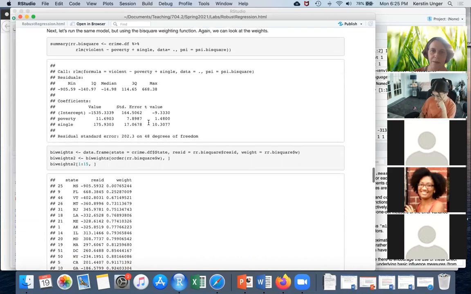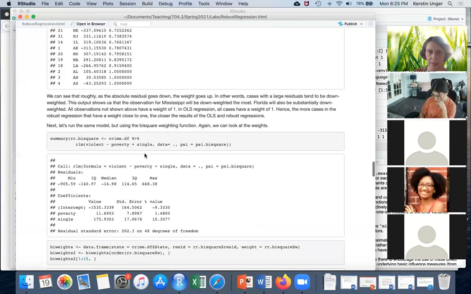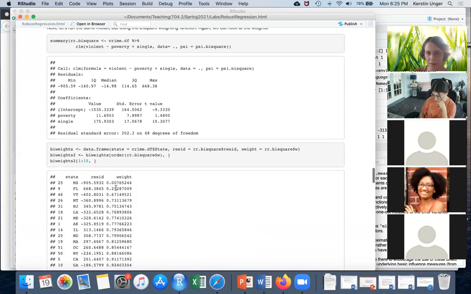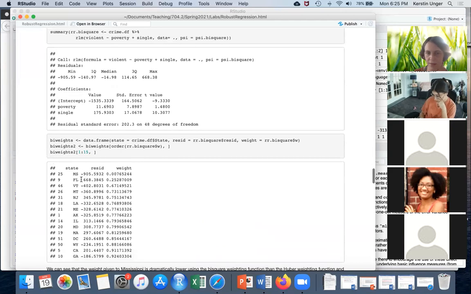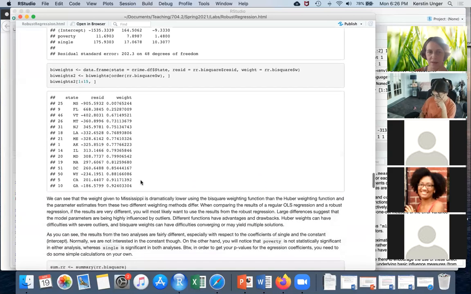Here Missouri is downweighted even more than by the Huber algorithm, so it basically has almost a 0 weight. The same goes for the cases that have large residuals, be they positive or negative: they have really small weights, and cases that have smaller residuals have larger weights. That is the underlying idea.